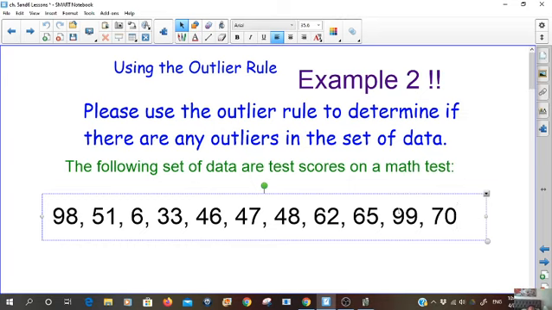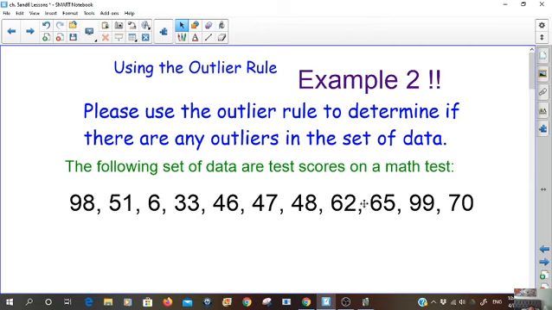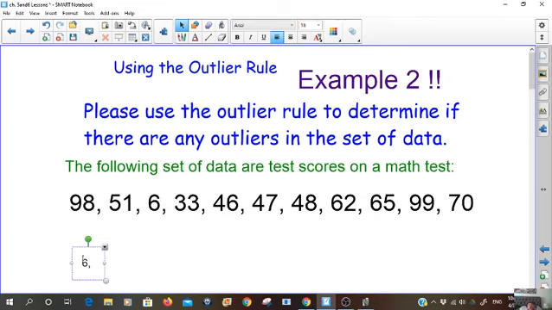So go ahead and put those in order from least to greatest. I guess I can help you with that part real quick. So that's going to be a 6 first. And then what's after 6? What comes next? Come on, help me. I can't hear you. Louder. 33, good.